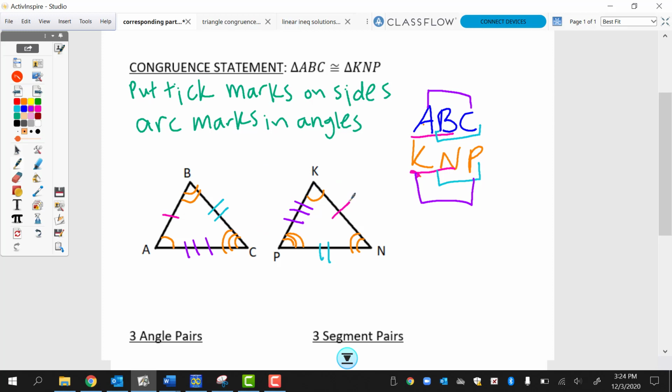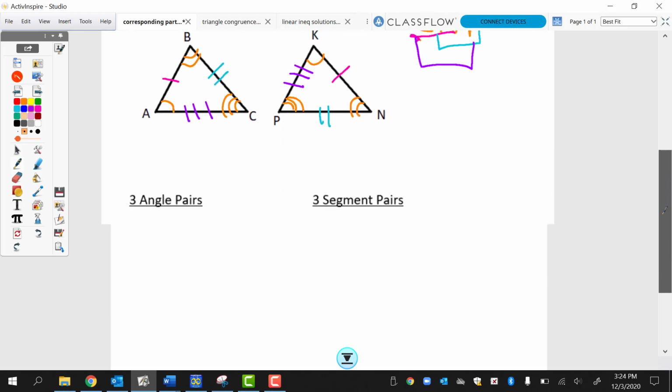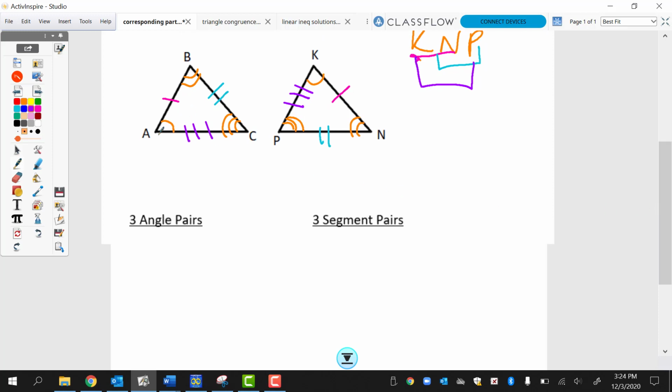And you also have to be able to list out which are the equal angles and which are the equal sides. So we already marked it in the picture, so now I just got to write it out in a list. Okay, so what was equal to angle A? So I'm going to put angle A congruent. Congruent is just the same as an equal sign, but with the little swooshy thing over it. So A and K, they're the same. I put that they're the same. All right, what else?